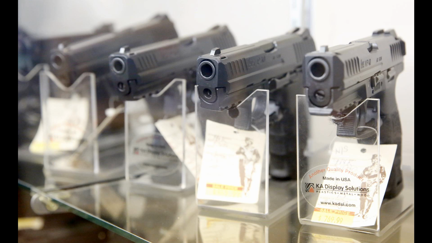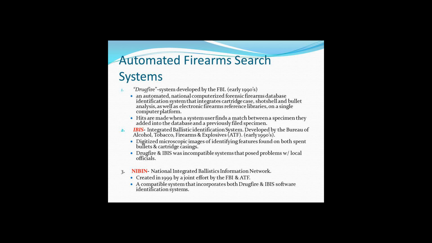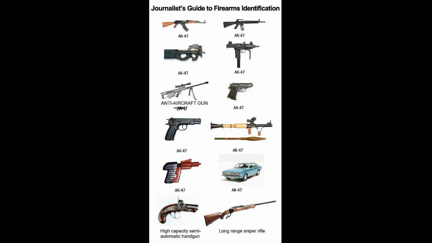A second IBIS correlation server was installed at the Interpol Global Complex for Innovation in Singapore in 2015. Countries participating in this program can on a voluntary basis share their ballistic data. Asia is also rapidly catching up with the West. Thailand, Hong Kong, Taiwan, India and the Philippines have already deployed IBIS systems.